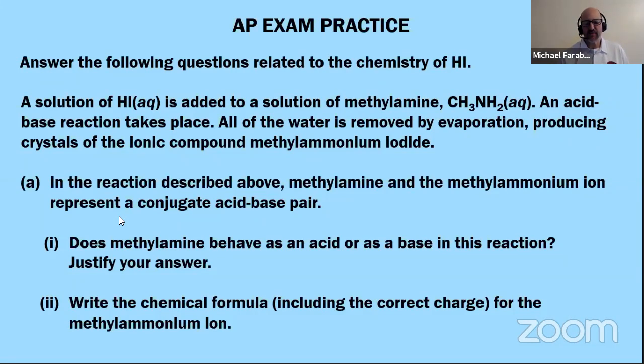In the reaction described above, methylamine and the methylammonium ion represent a conjugate acid-base pair. Does the methylamine behave as an acid or a base in this reaction? Justify your answer. Write the chemical formula, including the correct charge for the methylammonium ion.